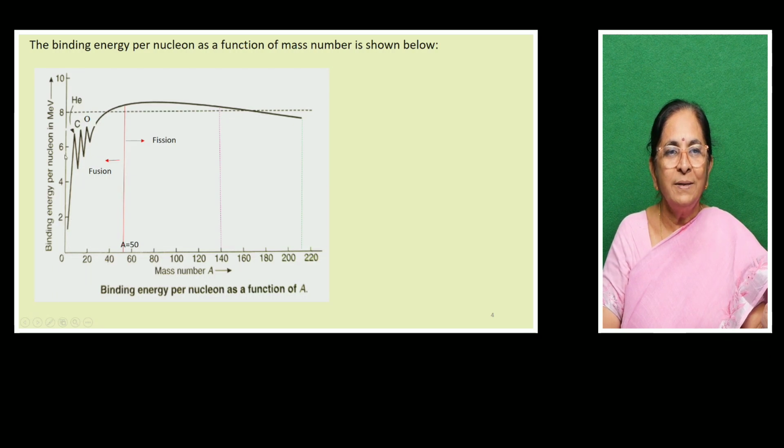Except these three atoms, helium, carbon and oxygen, the curve is a smooth curve. So here some exception is taking place. When the mass number is increasing from 1 onwards, binding energy is increasing. When it comes to helium, binding energy becomes very high.